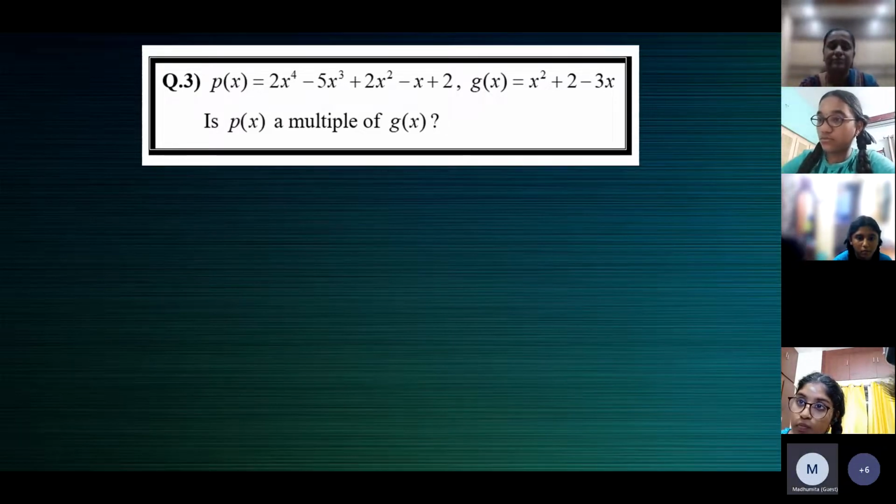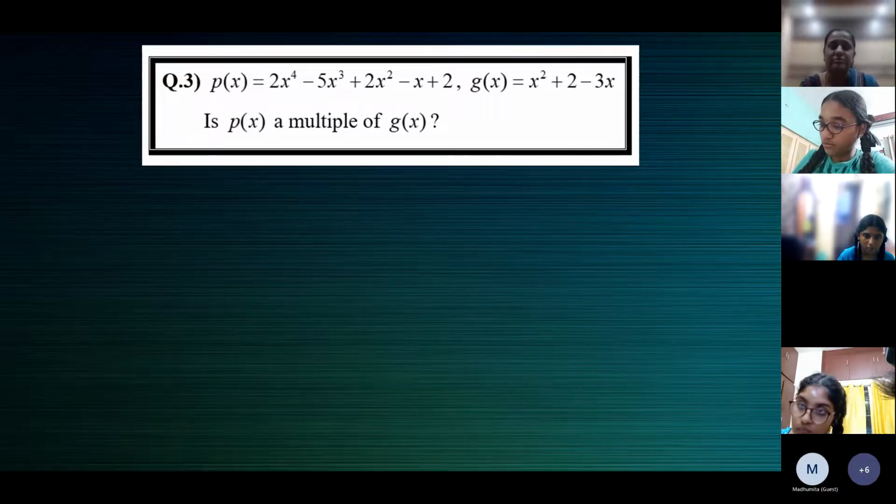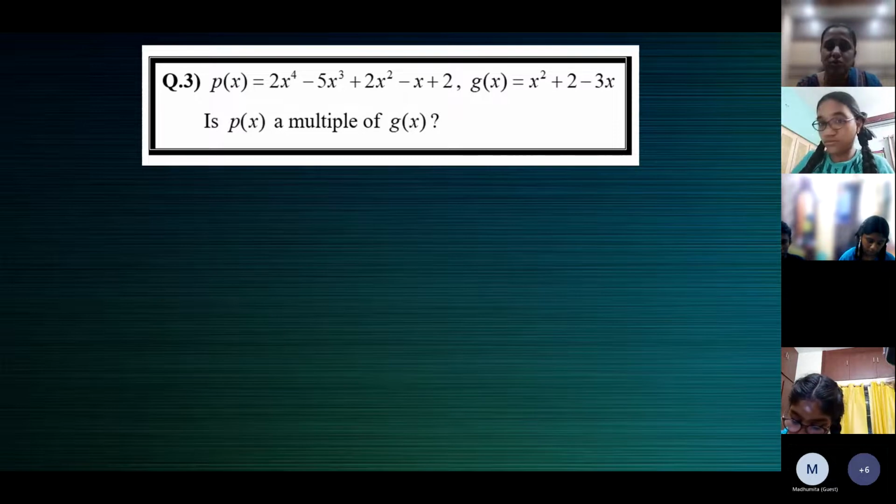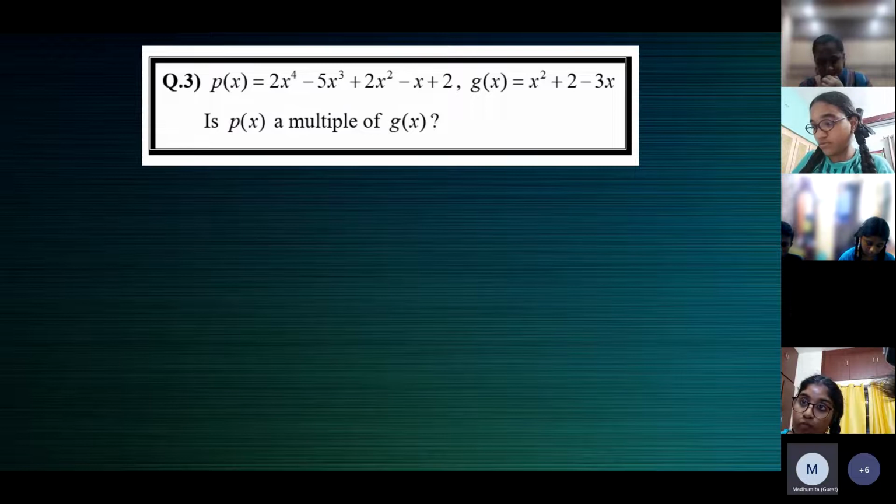Okay. And if it's divisible by either of those, then it's a multiple. Not either of them, if it's divisible by both of them. Yes, ma'am. Okay, but how do you check if P of x is divisible by both the factors of g of x? We can divide it by g of x, ma'am.